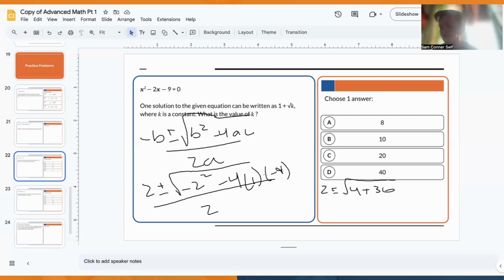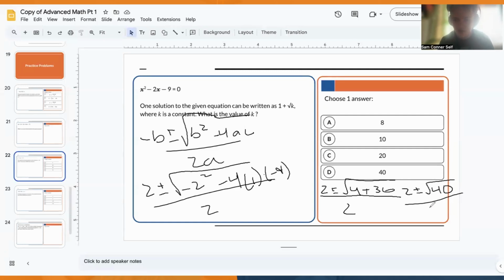Apologies, I have a little bit of a cold going on. But going back to this, all divided by 2. And then simplifying this, it's going to be 2 plus or minus the square root of 40 divided by 2.